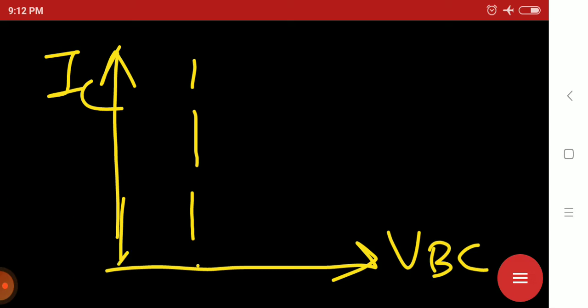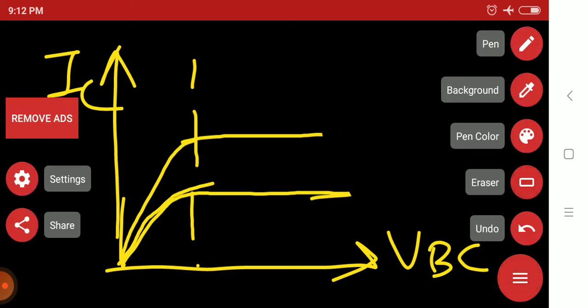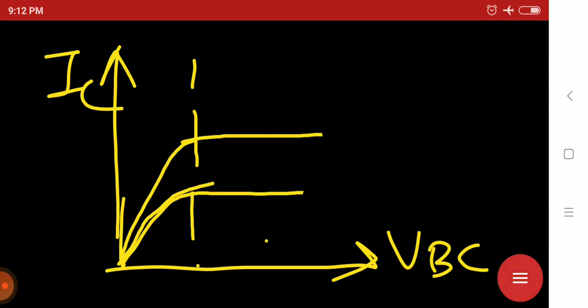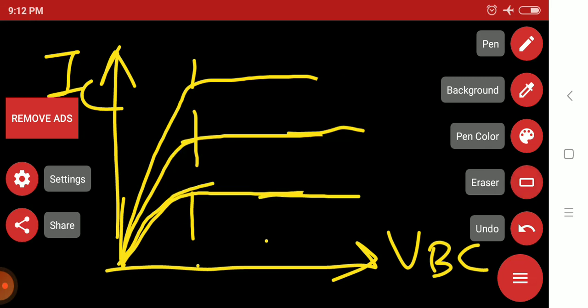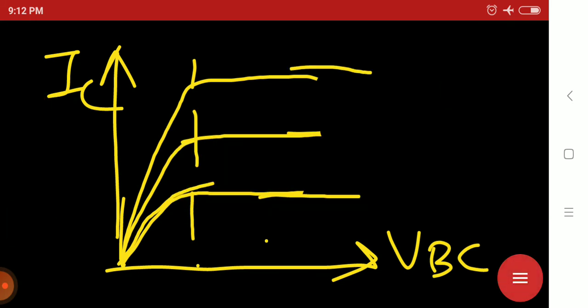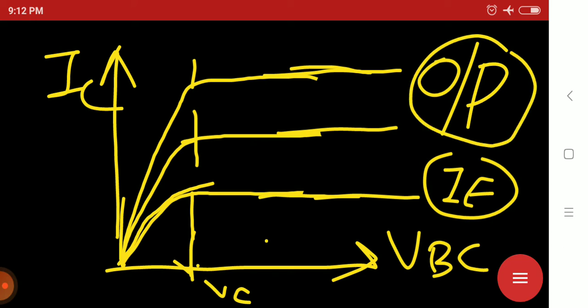The graph will rise up to this point, and after that the graph will be constant. Here IE is constant, and here is the cut-in voltage. So this is the output characteristic of the CB configuration.